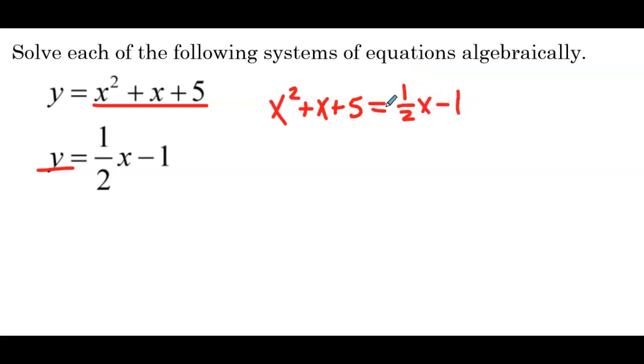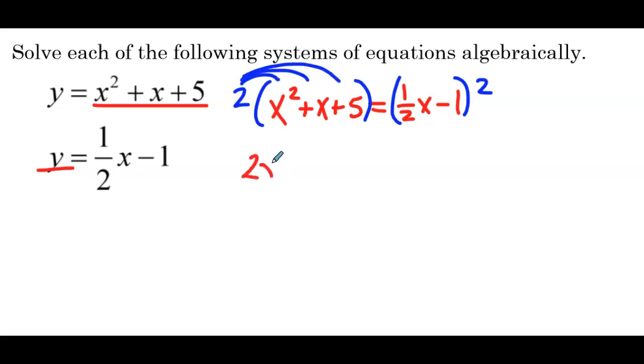Well, I really would rather not work with a fraction in this equation, so let's multiply both sides of the equation by 2. We'll distribute 2 into the trinomial, so we have 2x squared plus 2x plus 10. And we'll distribute the 2 into the binomial, which gives us x minus 2.